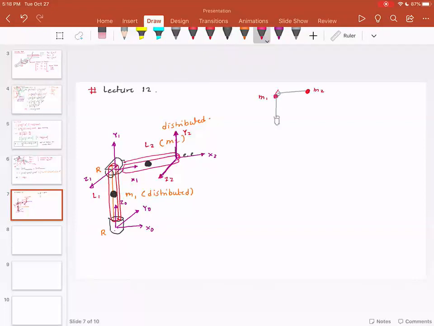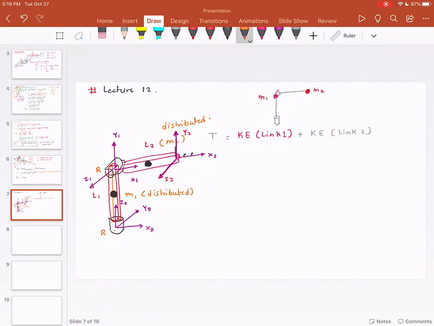So I need to write this down. We have to find the kinetic energy for link 1. Then we have to find the kinetic energy for link 2. This will be the total kinetic energy.